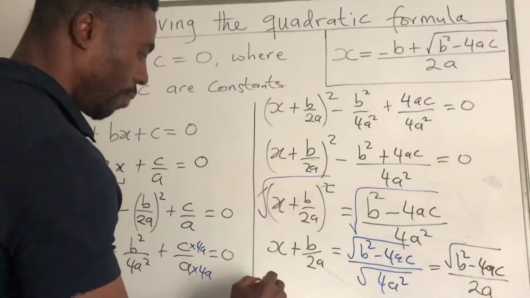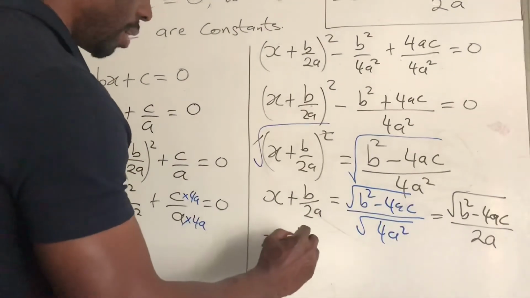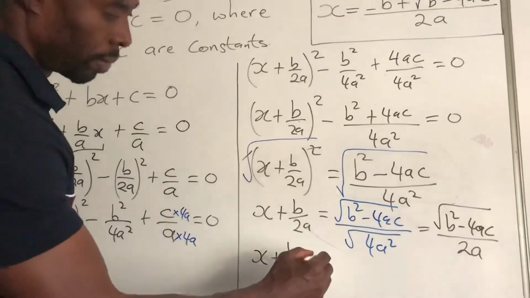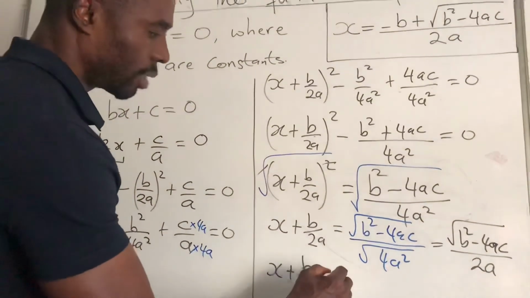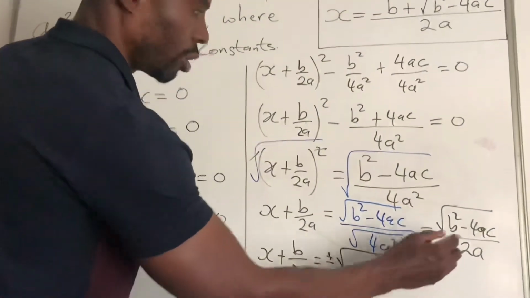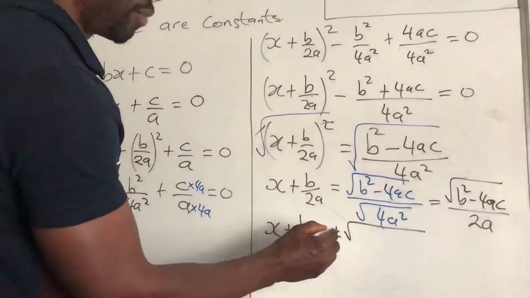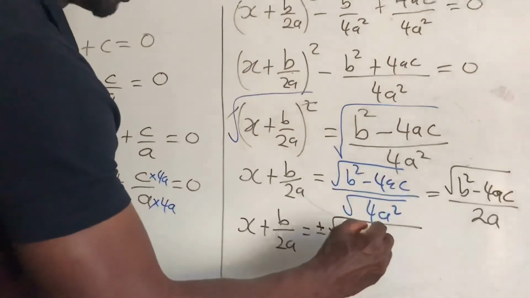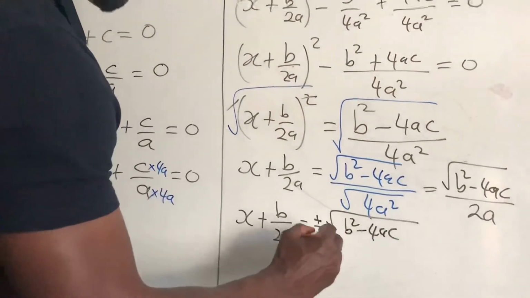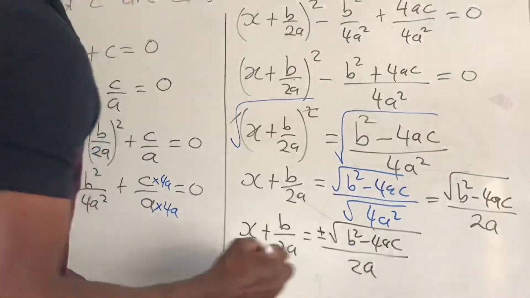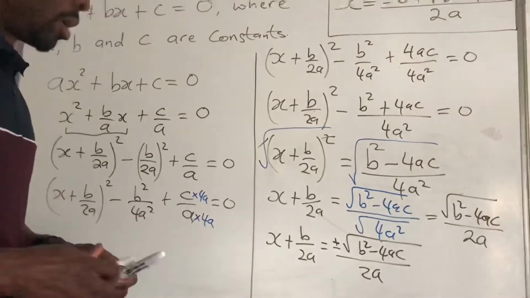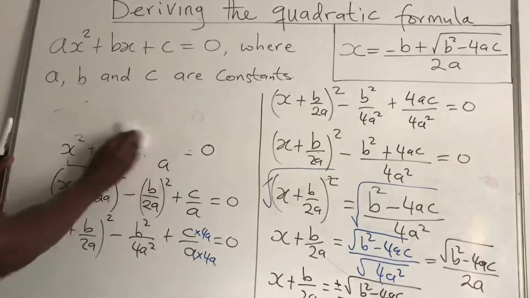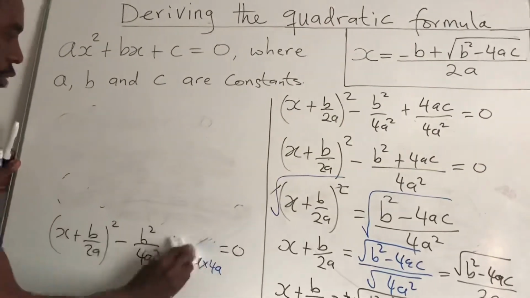So from here, we are left with x plus b over 2a equals plus or minus the square root, because the square root will give us a positive value or a negative value, of b squared minus 4ac over 2a. We're going to carry on here for the final solution to the quadratic.